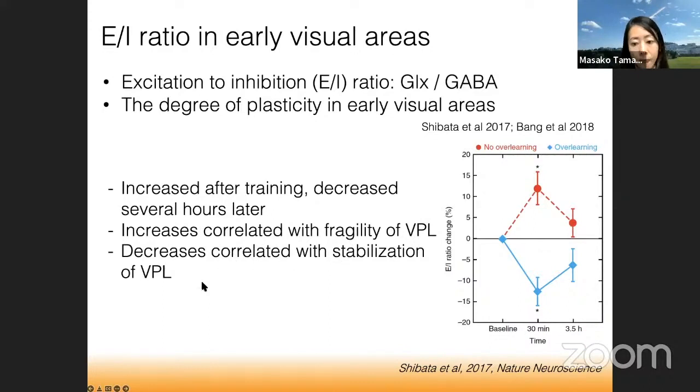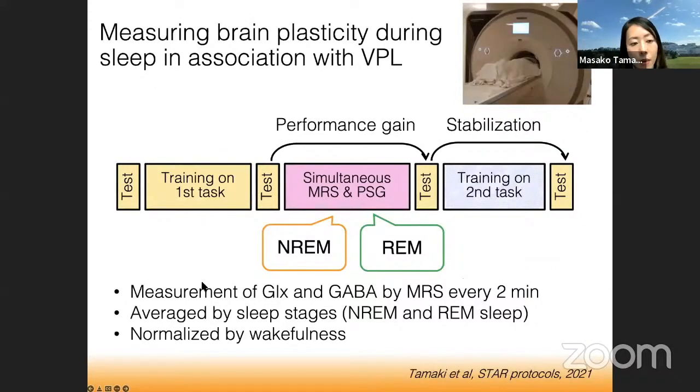So using MRS and measurement of the EI ratio, we wanted to measure these during sleep. We decided to measure MRS and polysomnography simultaneously during the nap session. We measured glutamate and GABA during non-REM and REM sleep, averaged by sleep stage and normalized by wakefulness.